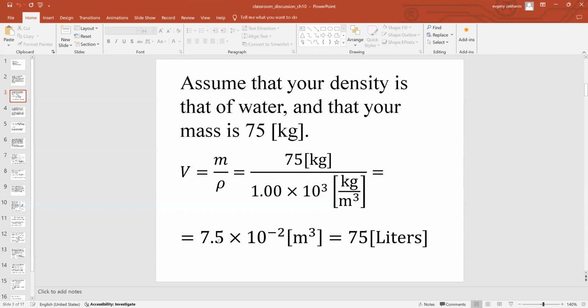So see how it's 7.5 times 10 to negative 2. If it's 75, move the decimal to the right one time, get the 75 instead of 7.5, and then it's going to be 10 to the negative third, of course, instead of 10 to the negative second. So 1,000th of a meter cubed is considered a liter. So 75 liters. Of course, that's not System International once again.